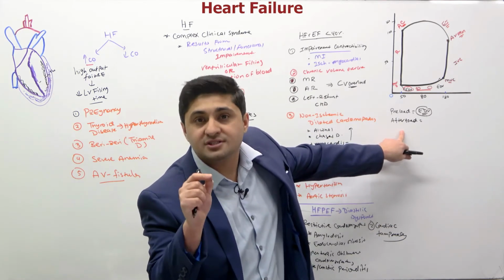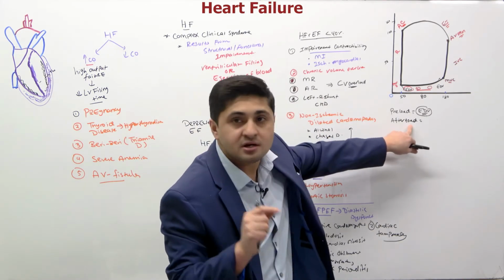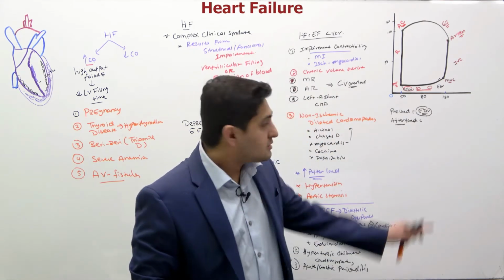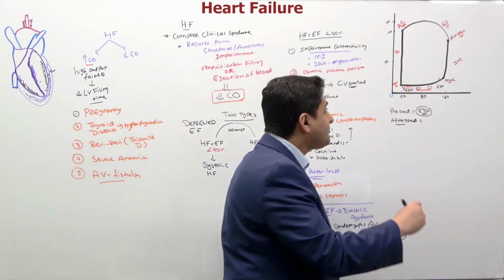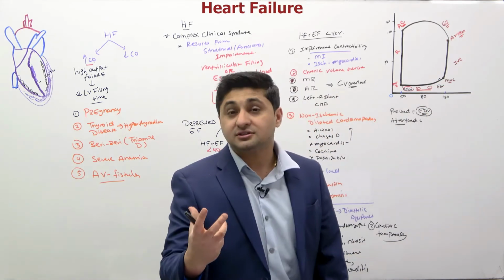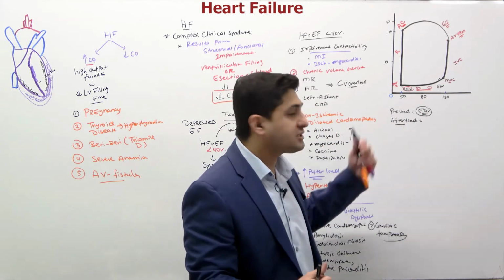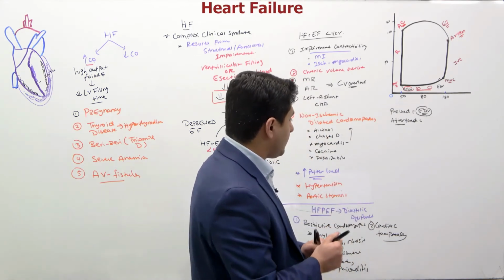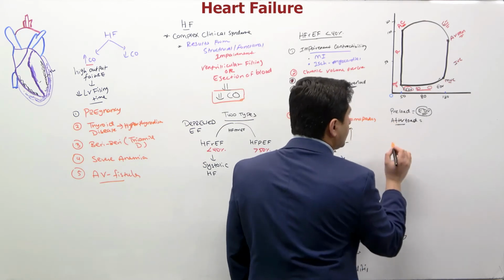During the systole, the ventricle has to contract against this load. That is what afterload is. And contractility is the contraction of the ventricle to propel this blood, right? That's what it is.